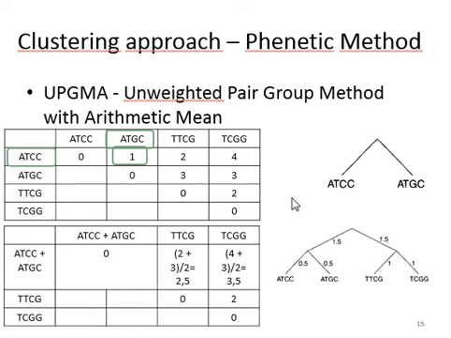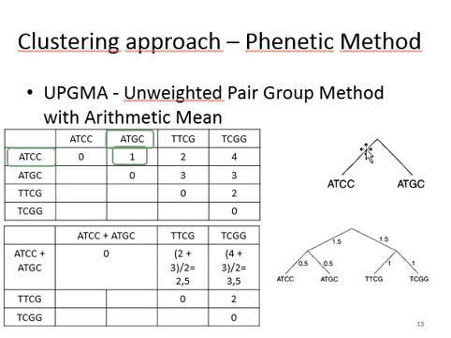The unweighted pair group method with arithmetic mean, UPGMA, is based on arithmetic mean, and you can calculate the distance by dividing by 2. So if the distance between these two sequences is 1, it's 0.5 and 0.5 to each of the branches. Then you merge the two sequences because they now have a common ancestor.